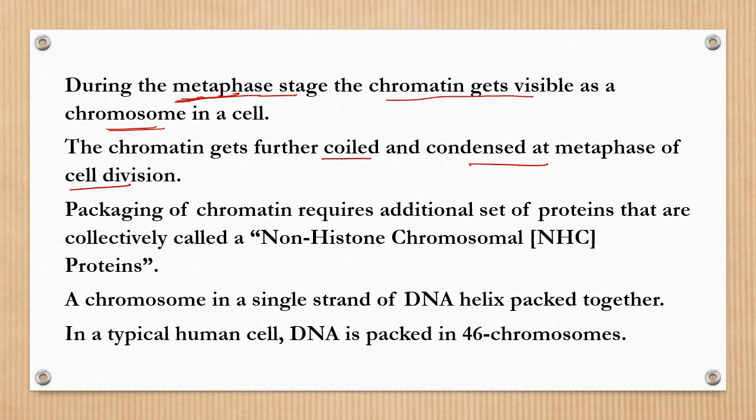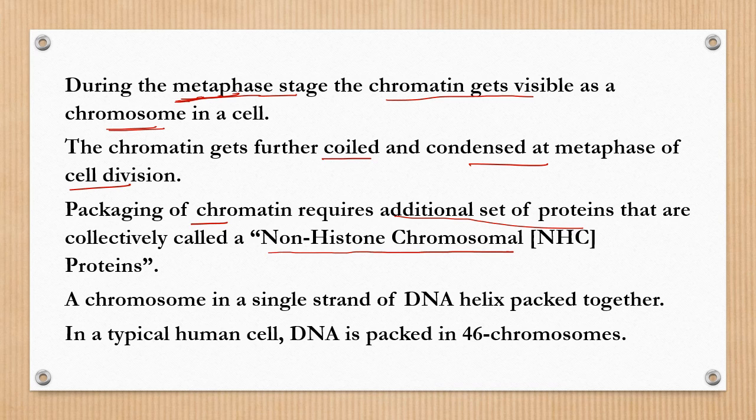Packing of chromatin requires an additional set of proteins. Packing of DNA requires proteins called histone proteins. Apart from that, packing of chromatin requires additional proteins that are collectively called non-histone chromosomal proteins.